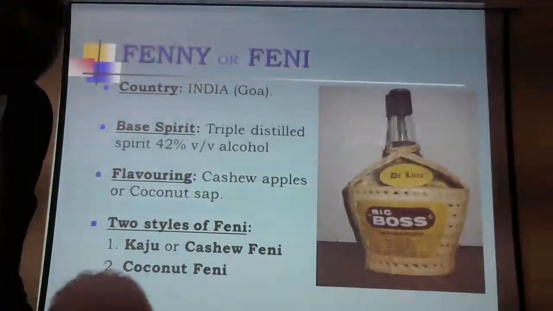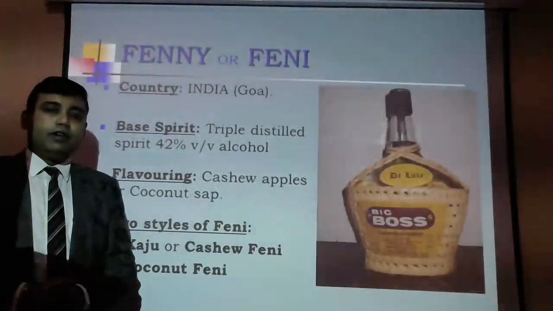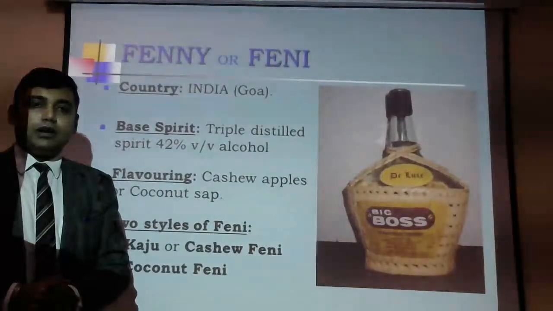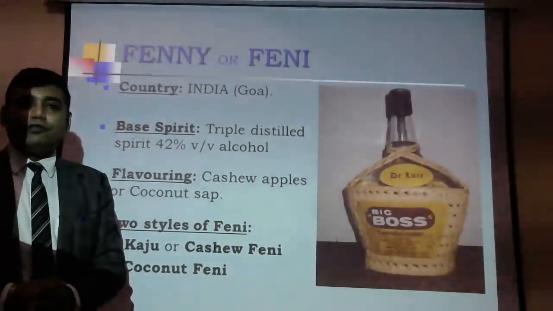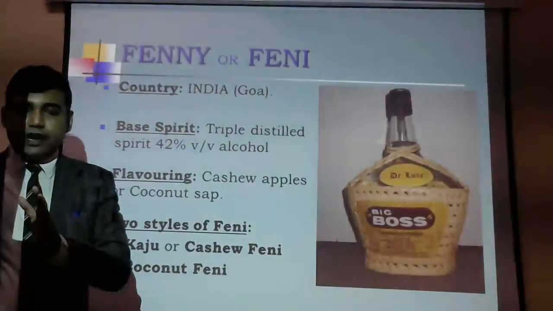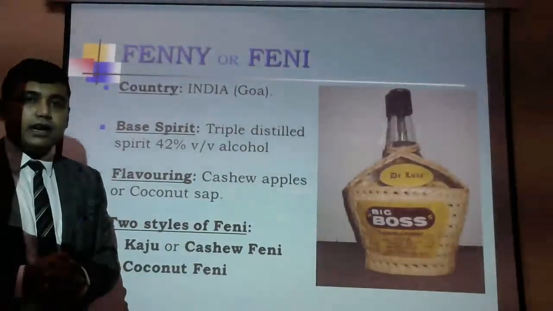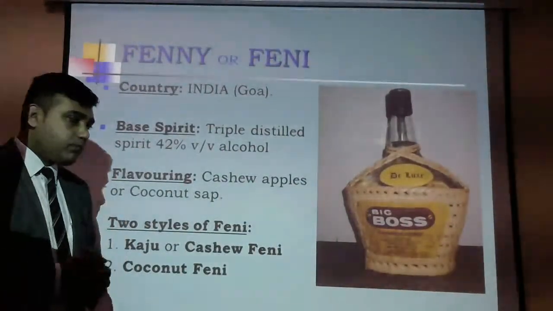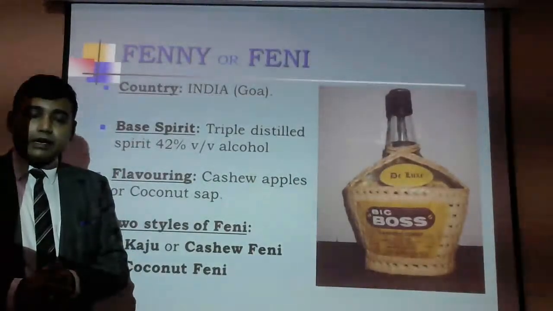So that is what. Next comes our own very popular regional spirit called Feni, which means froth. From Fena you derive this word Feni, and as we know, it is a very popular drink in Goa, India, right?